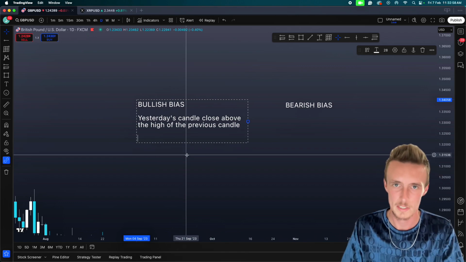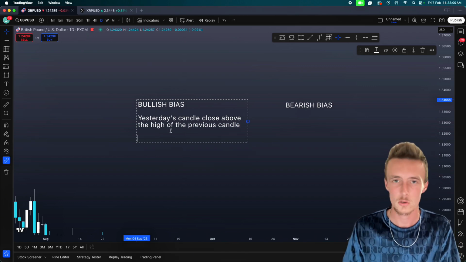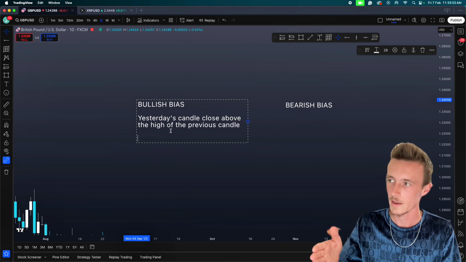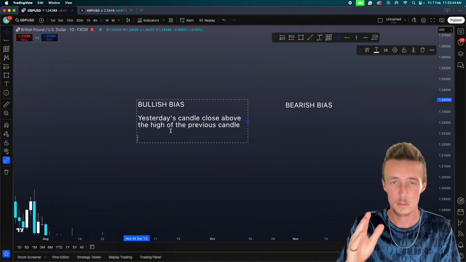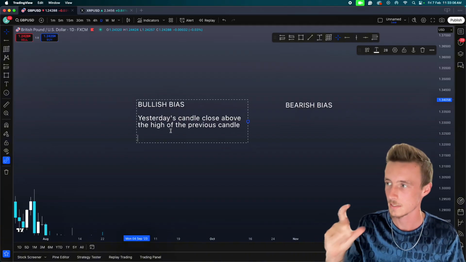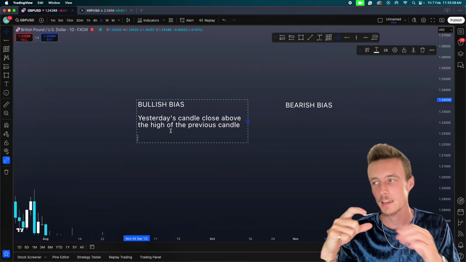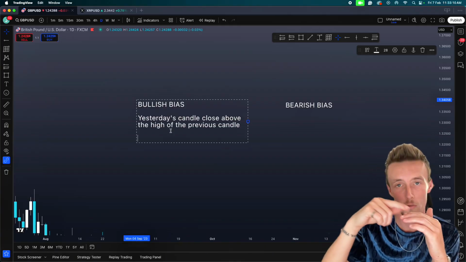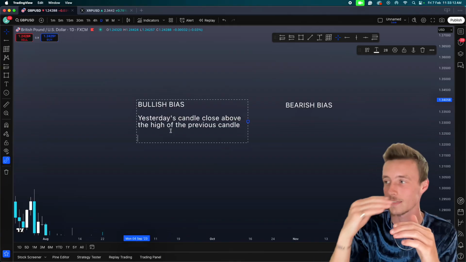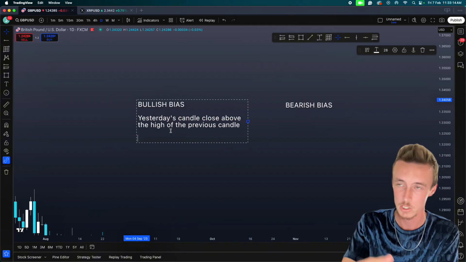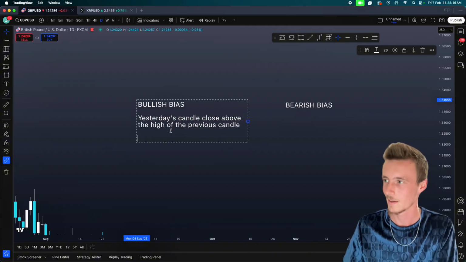Let's say we're trading on a Wednesday, right? Yesterday's candle would be Tuesday. We want to see how Tuesday's daily candle, on the daily time frame of course, closed above the high of the previous day, being Monday. Then on Wednesday, we would have a bullish bias. We could look to take a trade.